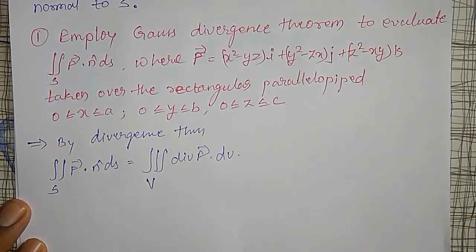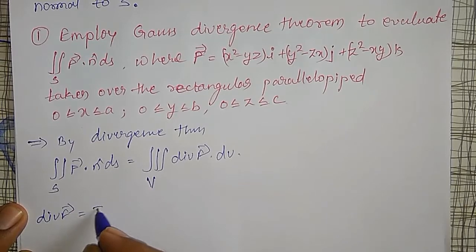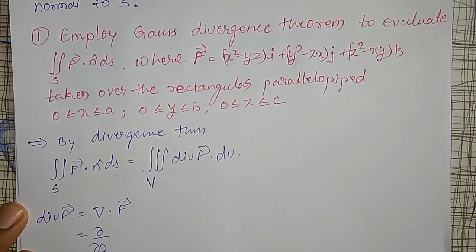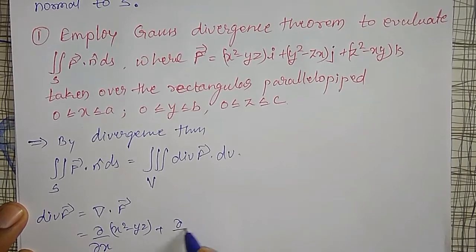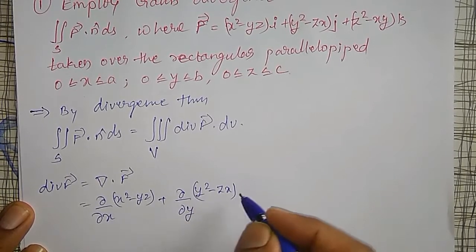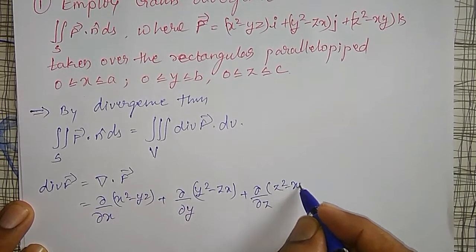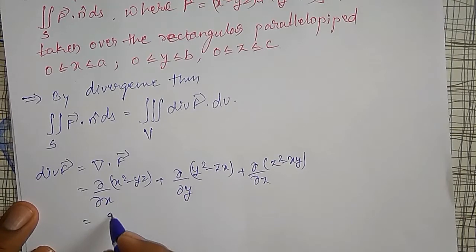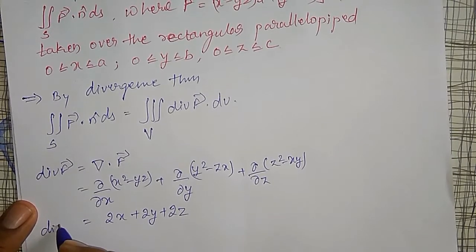Okay, let me find out first the divergence of F. Divergence of F is equal to del dot F. That del dot F is nothing but, F is already with us, dou by dou x of the coefficient of i, that is x square minus yz, plus dou by dou y of y square minus zx, plus dou by dou z of z square minus xy, which comes out to be 2x plus 2y plus 2z, my divergence of F.